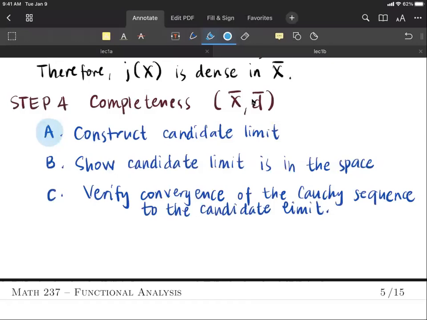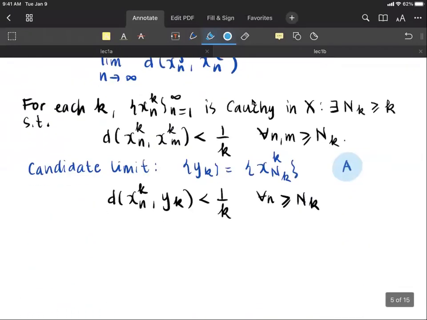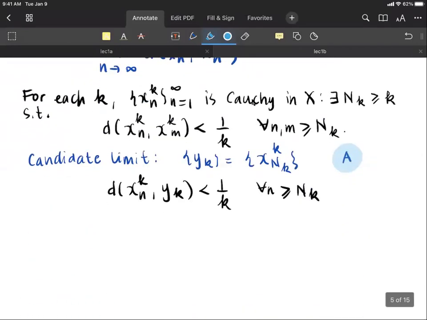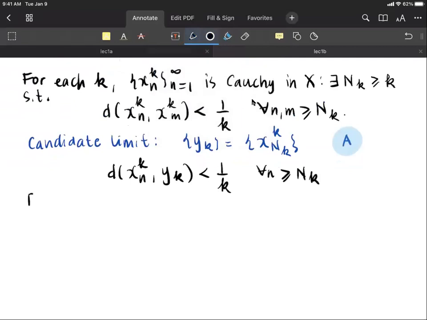So next, we would like to show that the constructed candidate limit is indeed in x bar. First, if you apply the triangle inequality, which we denoted as M3, let us look at the distance between y^m and y^n.